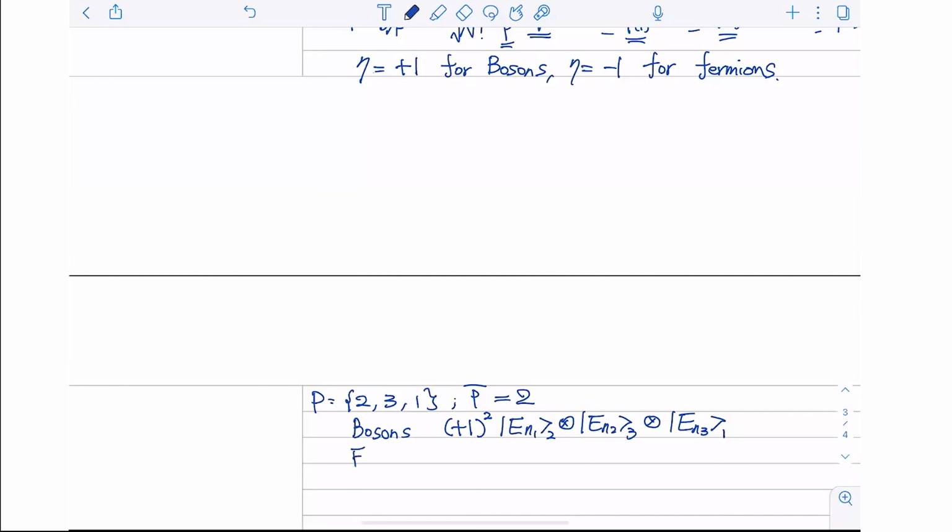For fermions, we have eta equal to -1, but because this permutation has P bar equal to 2, -1 raised to the 2 will be identical to the boson case. Again, we can write down the corresponding ket.